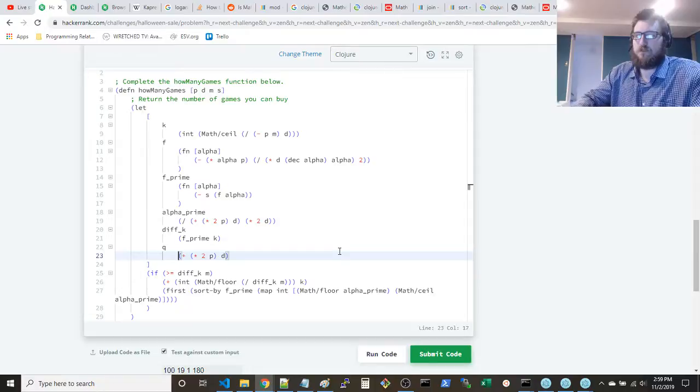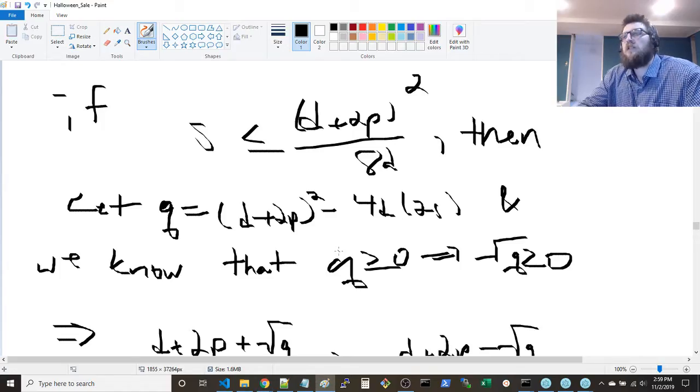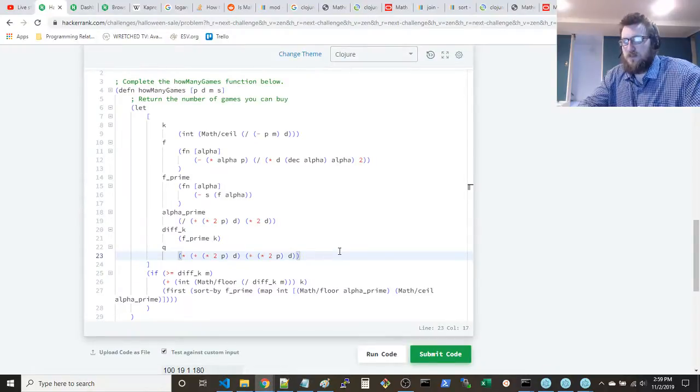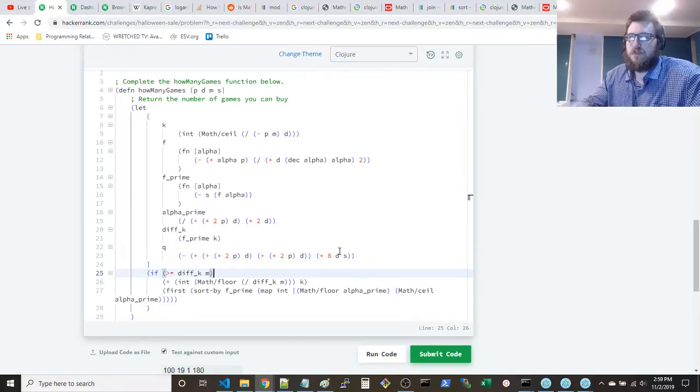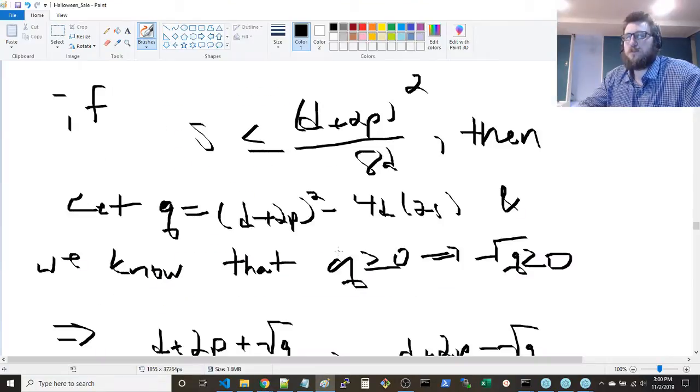I don't think there's a squared function in Clojure. Minus 4d2s or 8ds minus 8ds. Okay, that's Q.